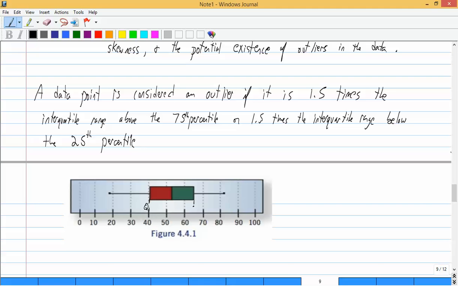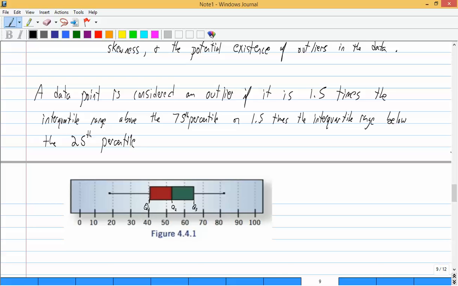This is Q sub 3, the 75th percentile. And then this right here, right in the middle, that's Q sub 2, the 50th percentile. And the line goes from the smallest data value to the largest data value. And then you just create a box here, just like that.